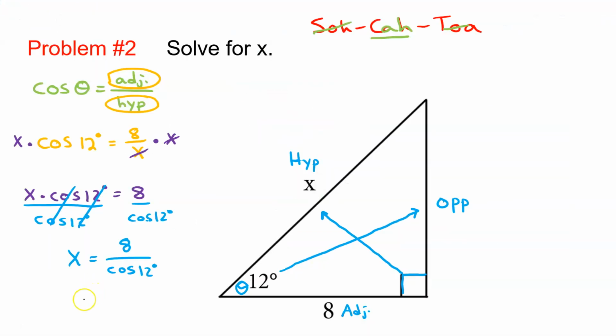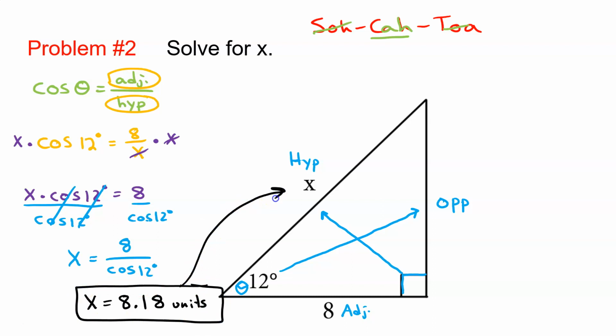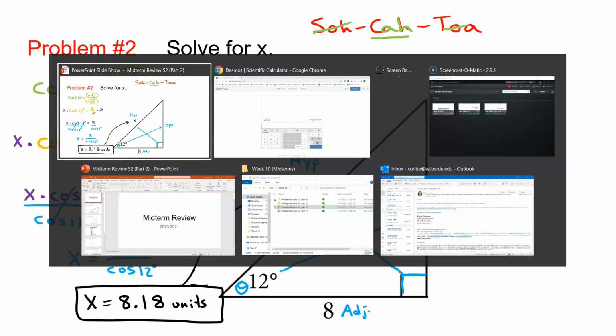I'm going to round that to 2 spaces after the decimal. Take a look at the hundredths place. There's a 7, and to the right of that there's an 8, so we are going to round this up to 8.18. And again, this is units, they don't tell us feet, inches, or centimeters. So that is our missing value of x, the distance of the hypotenuse, 8.18 units.